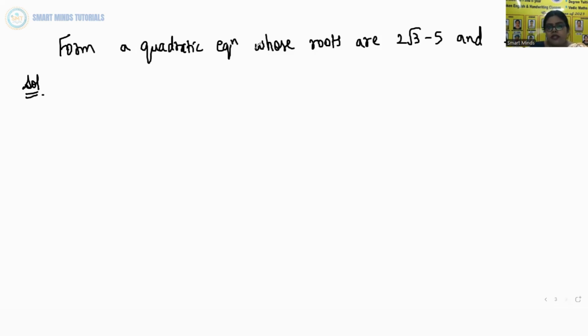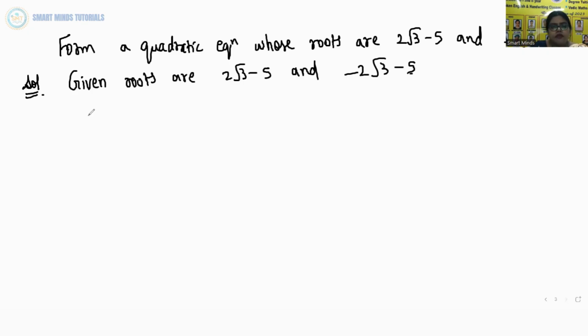Form a quadratic equation whose roots are 2 root 3 minus 5 and minus 2 root 3 minus 5. So first let us write down the given roots. Given roots are 2 root 3 minus 5 and minus 2 root 3 minus 5. Let us say alpha is 2 root 3 minus 5 and beta is minus 2 root 3 minus 5.